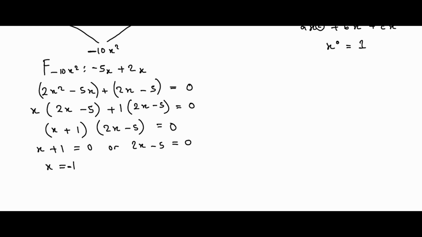And for 2x minus 5 equals 0, it means 2x is equal to 5. Divide both sides by 2, which means x is equal to 5 over 2. Therefore, x is equal to minus 1 or 5 over 2.